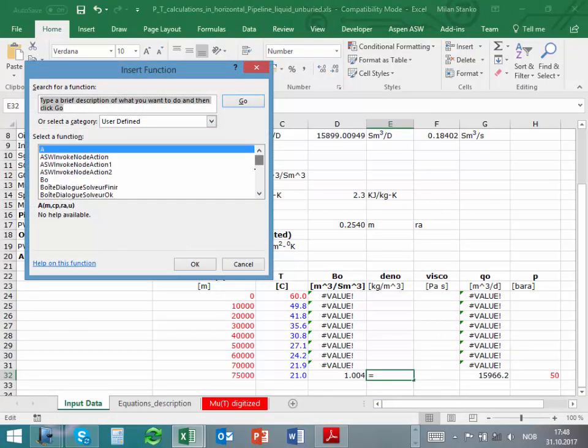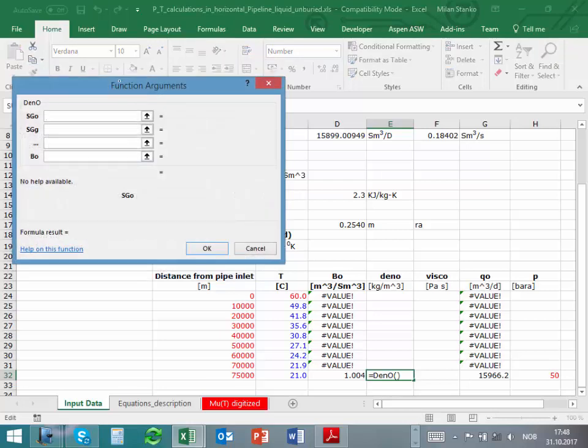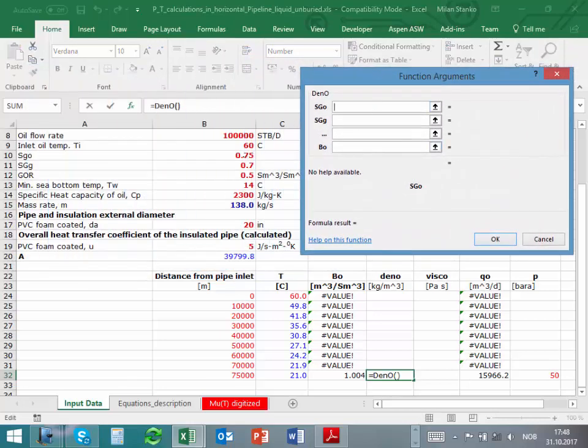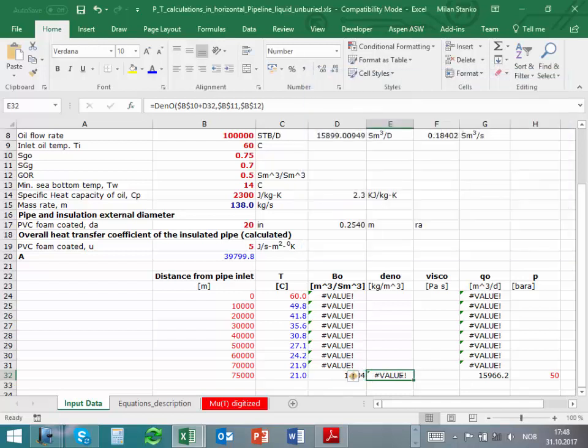Density, I think, is the density of the oil. Specific gravity of oil, specific gravity of gas, that is the GOR. The GOR is this one, and I have to block all of that. And the BO, take it from here. And here, what happened? Let's see.